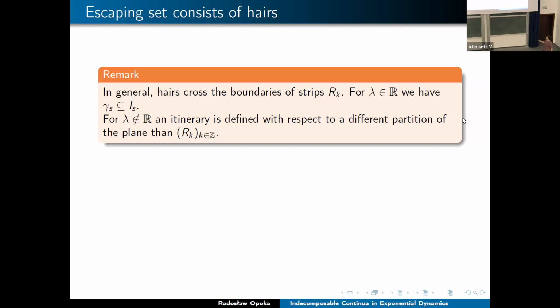We can divide the plane not into strips, but into sectors, which we can create by taking the preimage of the hair on which 0 lies. But this is only a digression.